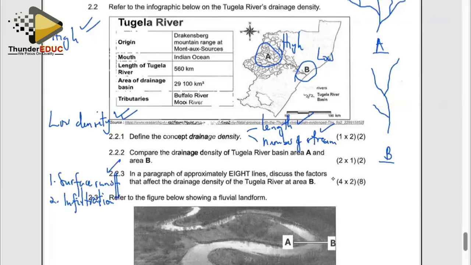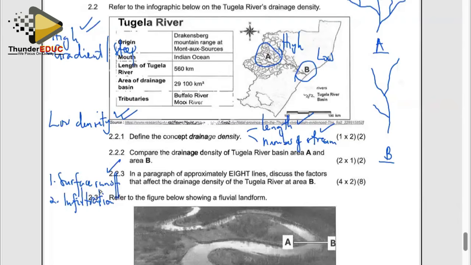So for that reason, we are saying what factors can contribute towards high surface runoff? Look at aspects like the gradient of the area. Areas which are steep, they have got more streams. Why? Because the rainwater does not find an opportunity to infiltrate because of the nature of the steepness.